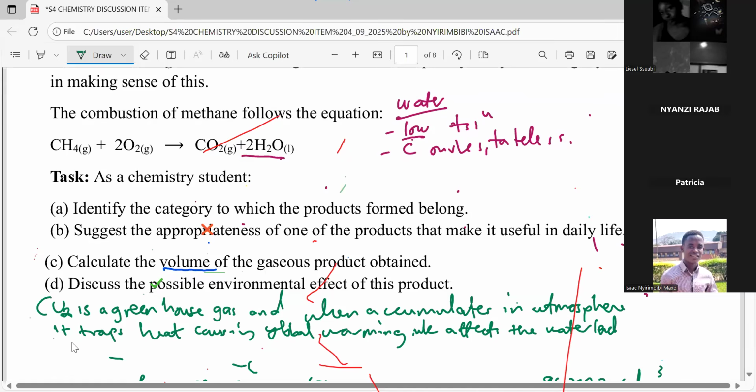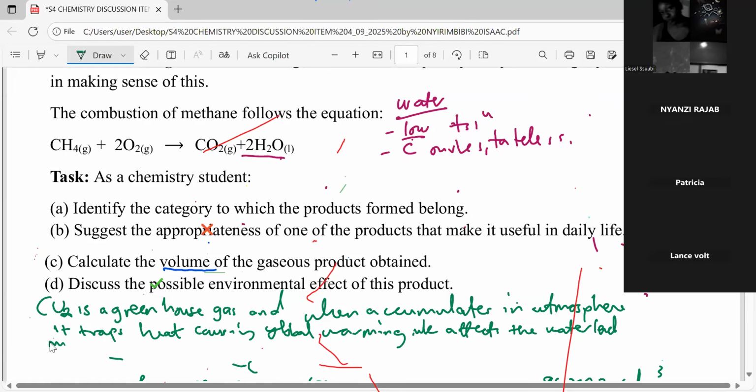Continue. Your point is not yet done. Which affects water levels, which leads to reduction in water levels, hence affecting the aquatic organisms. Continue, because you need to end with the mitigation.